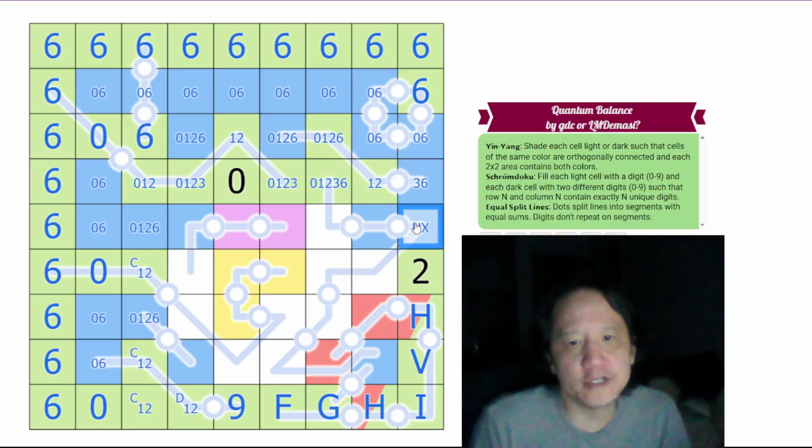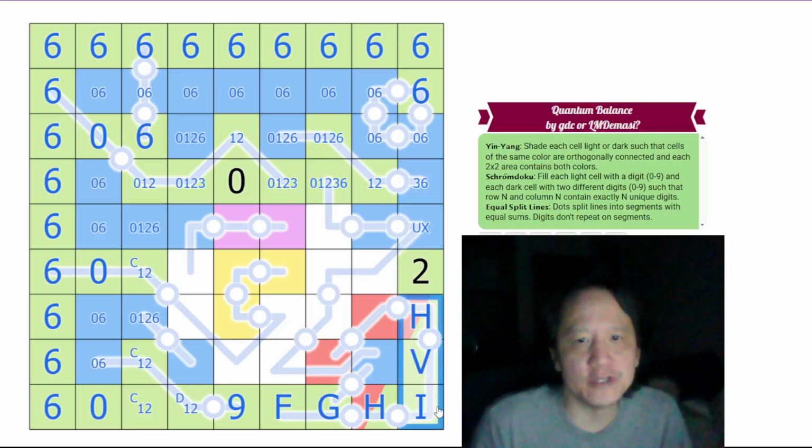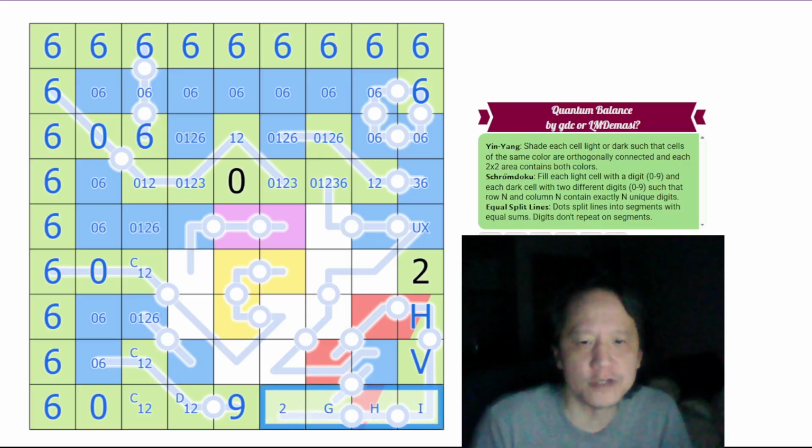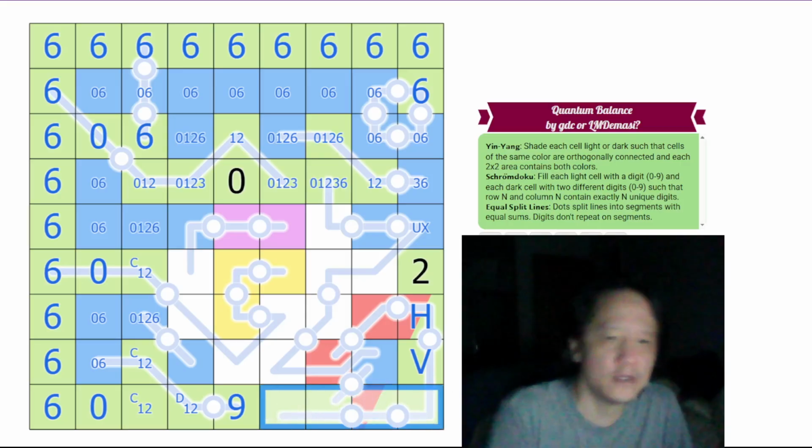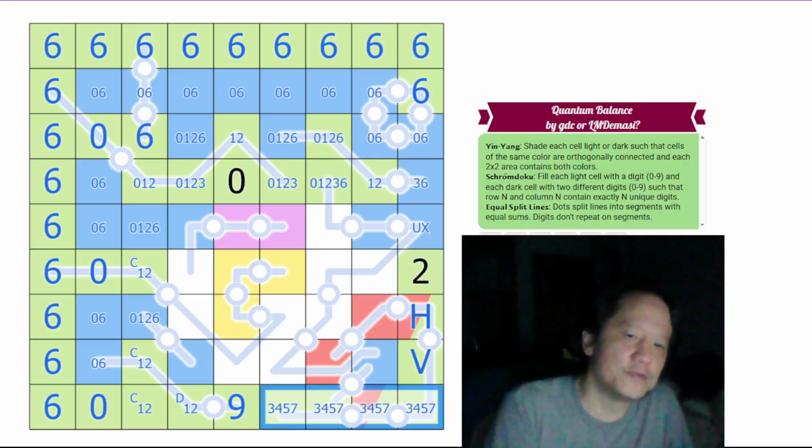These are 2 unique digits. These all have to be unique digits. And they cannot be 0, 2, 3, or 6. So one of them could be 1. This can't be 1. So what are these unique digits? These are what? 3, 4, 5, 7, or 8.